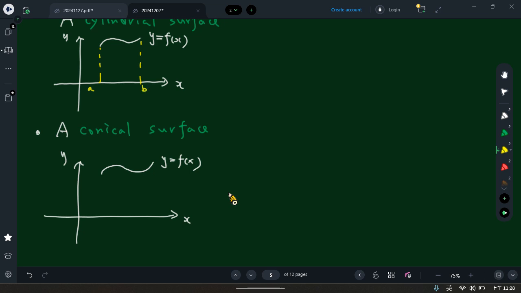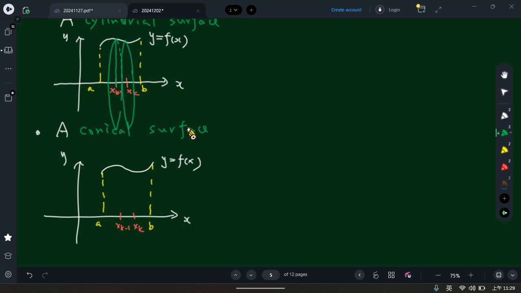For the cylindrical surface, you still follow the Riemann sum idea. From A to B, you have a start point A and an end point B. You continue to partition it into several parts, especially focusing on s_{k-1} to s_k.